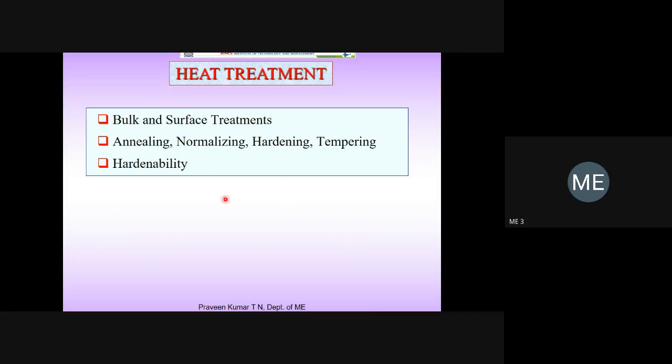Martensite is one more phase of the heat treatment, or we can say one of the non-equilibrium phases of the iron carbon diagram. It is the hardest microstructure in the iron carbon diagram.